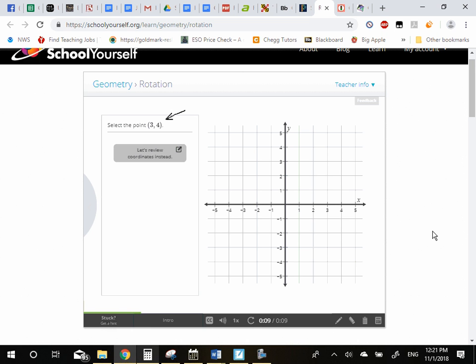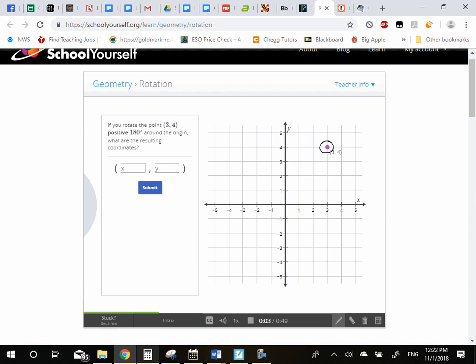Three right or three up? Three right and four up? What do you guys think? -3, -4?